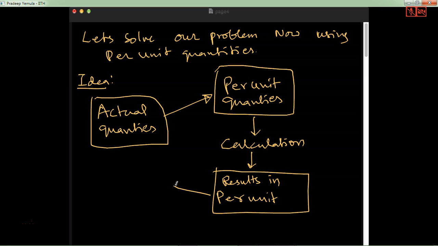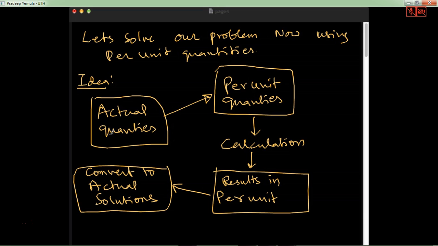Then again convert to actual solutions. So this is the actual quantities given data. The given data you convert to per unit quantities, then do the calculation, then the results also will come in per unit quantities, then again you transform back.